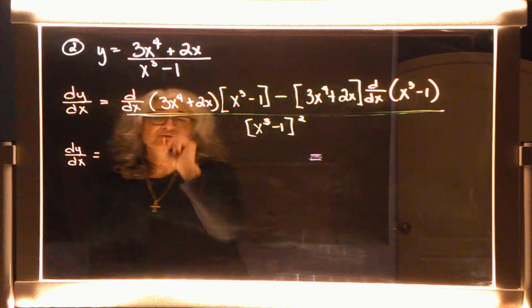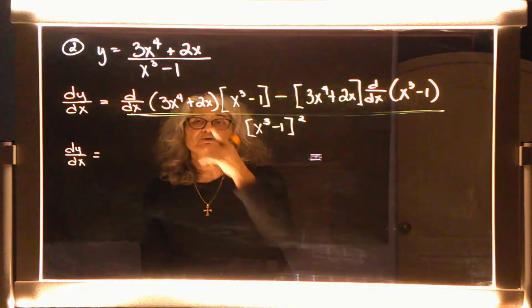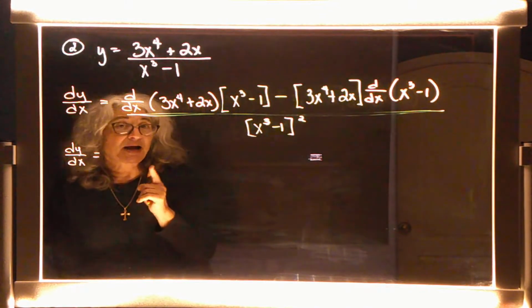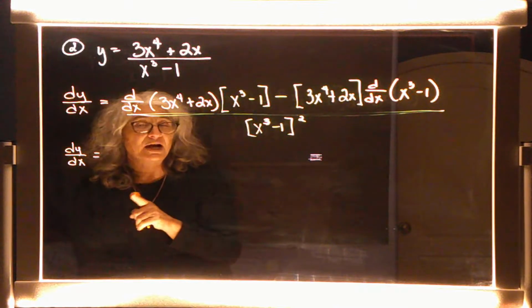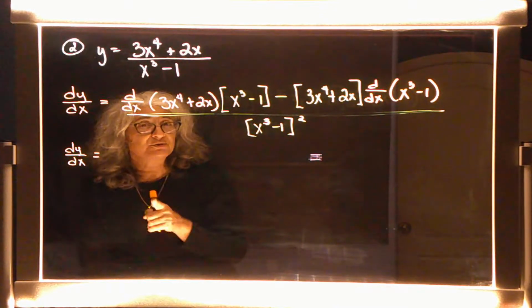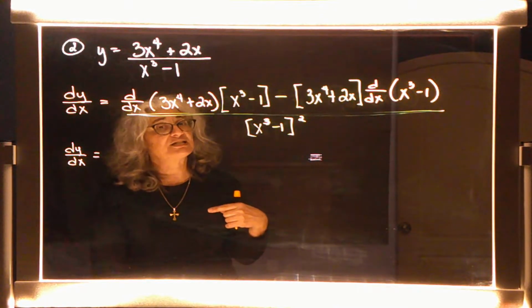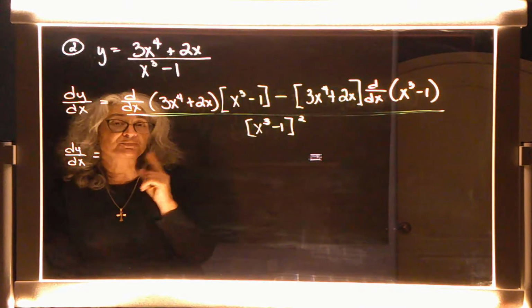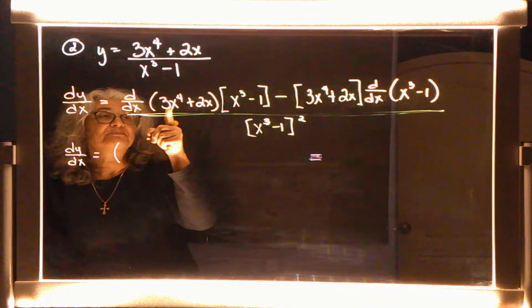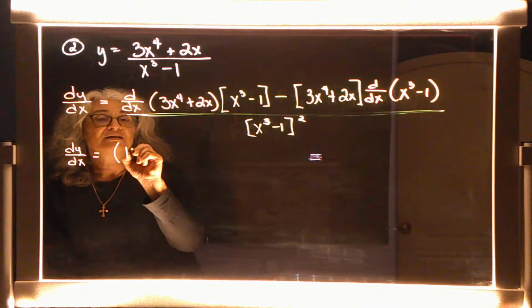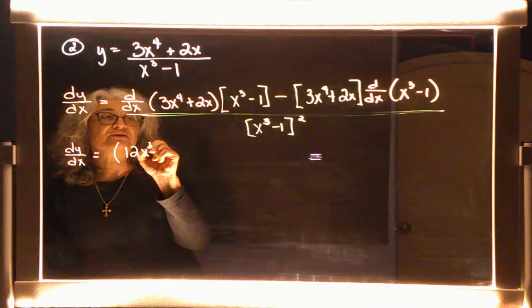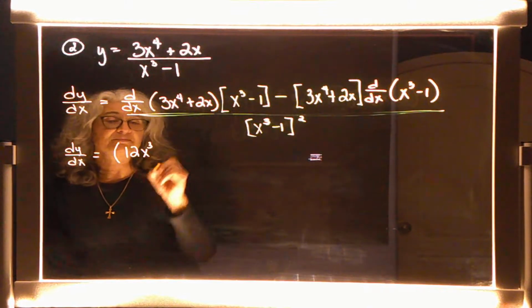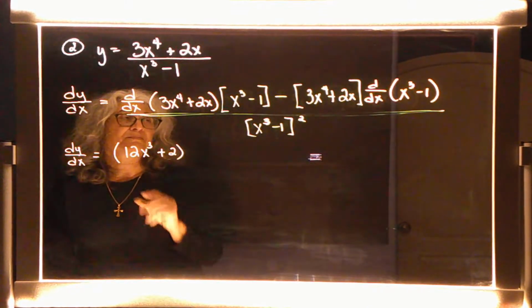So I've got to take the derivative of the first one, which was the numerator. So again, it's the power rule. So I'm expecting you know your power rule very well. And if you need to, go back to the differentiation technique part 1 and refresh your brain. So this would be 12x to the third, because 4 times the 3, right? Plus 2.